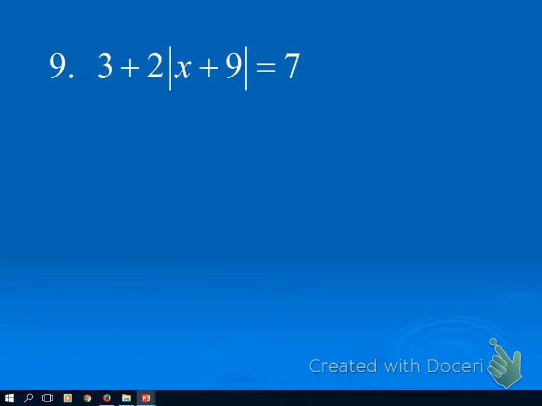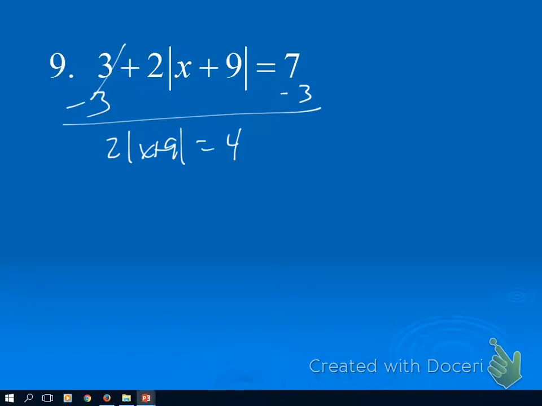Try this guy. What are you going to do first? Then what are you going to do? Okay? Get those bars by themselves. You got to undo the addition first. Then divide by 2, divide by 2.